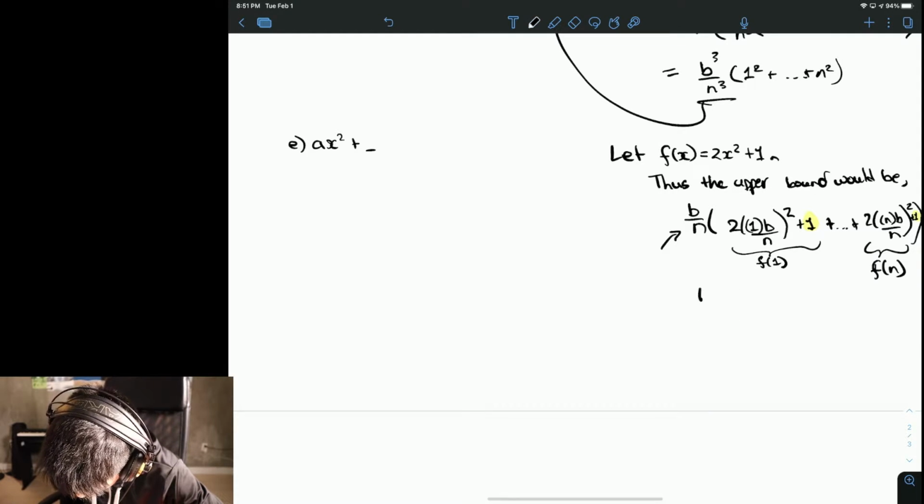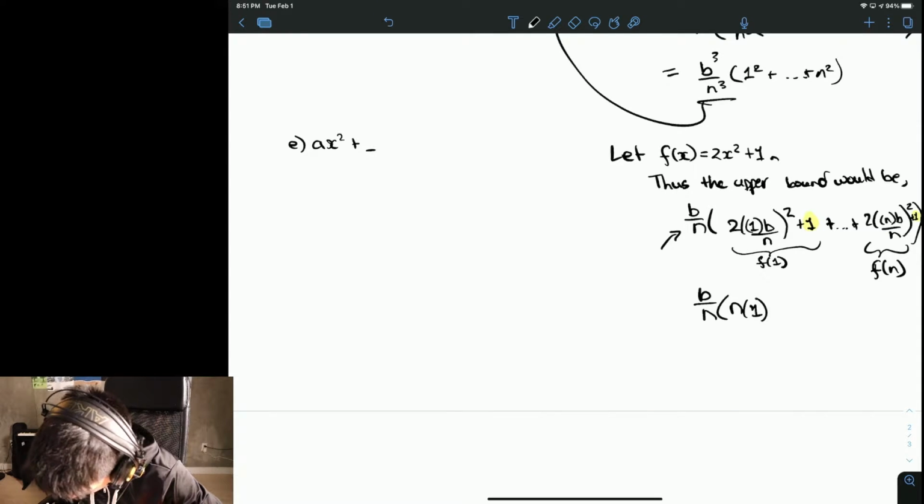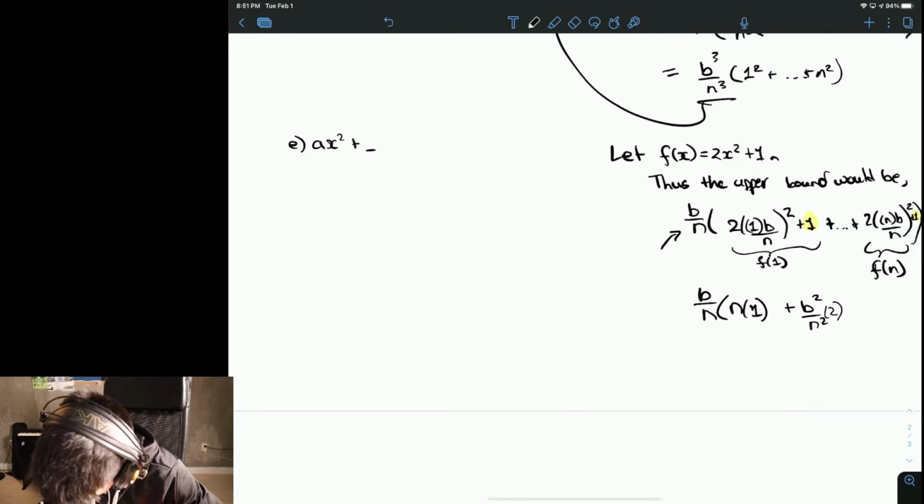So we have b over n multiplied by n ones, I suppose, and then plus b squared over n squared times 1 squared plus 2 squared plus ... plus n squared.